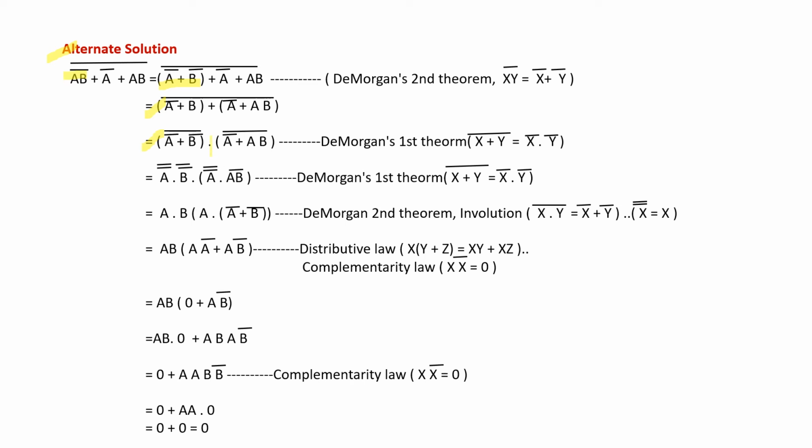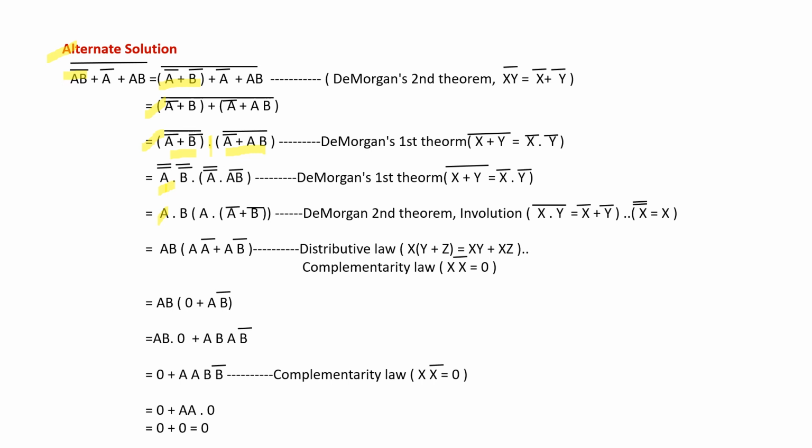In the next step, again we apply De Morgan's first theorem on the individual expressions, and we get A double complement AND B double complement, AND with A double complement AND (AB) complement. We know that A double complement is A and B double complement is B, and we replace it in the next step.